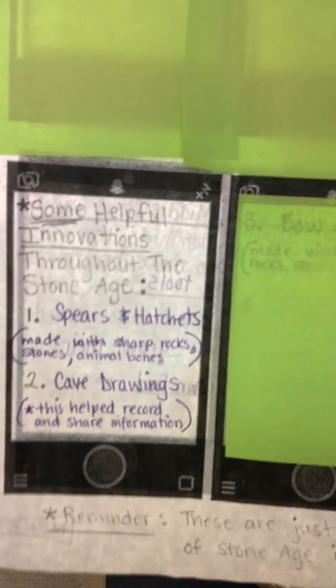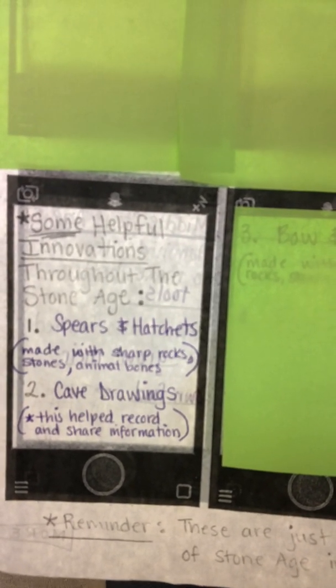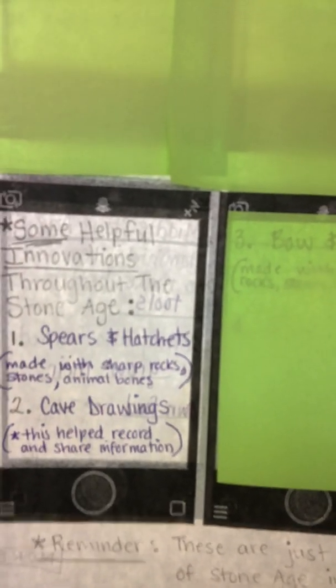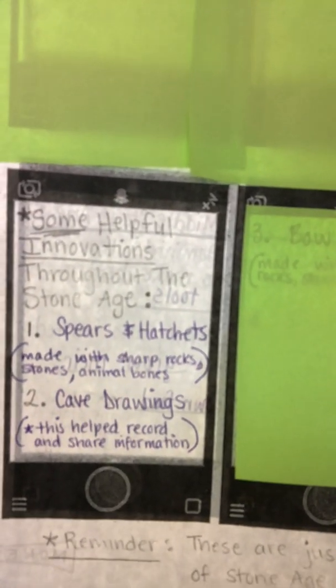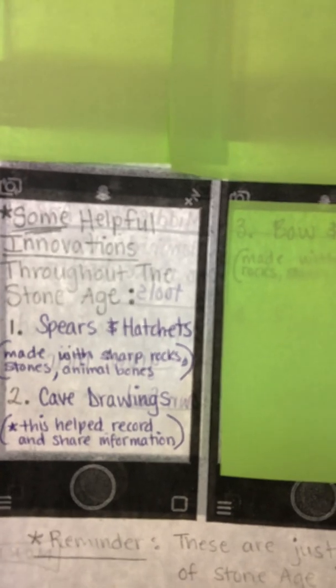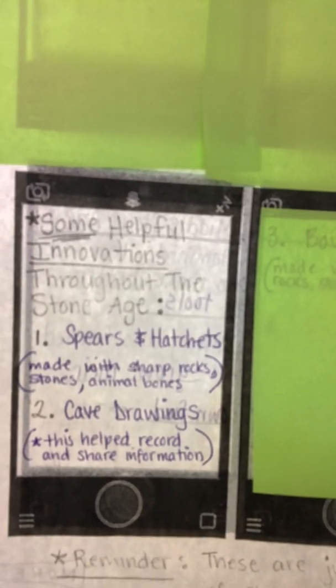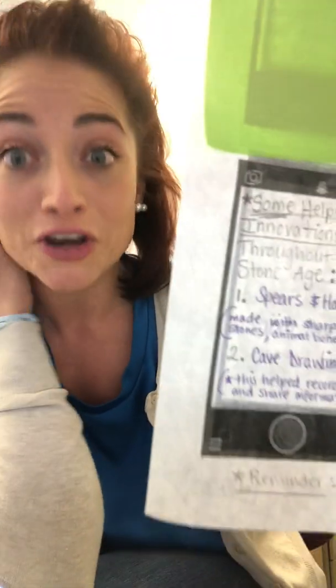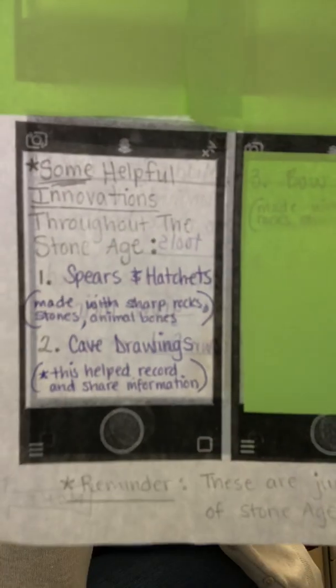So in other words, you're going to have to get up real close and in person with the animal that you're hunting. Don't you think that'd be really dangerous? It was risky to be a hunter way back in the Stone Age, especially with the types of animals that they were hunting. We're also going to get more into that on another note day, okay?